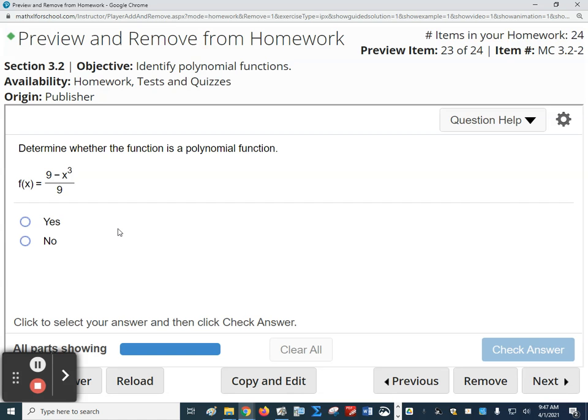The way it's written, it looks funny, but I could write this in standard form of a polynomial, couldn't I? Because if I were to separate that common denominator, I end up with 9 over 9 is 1, and the other term is just a -1/9. Let me write this down so you guys can see this.